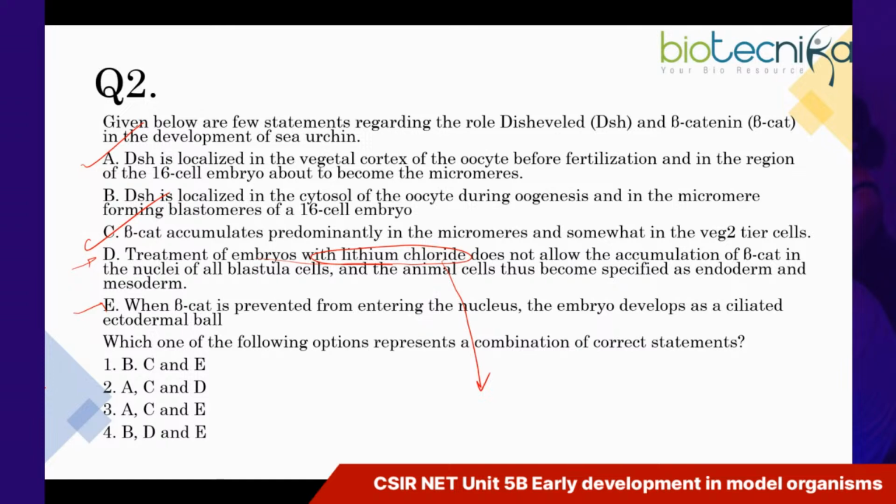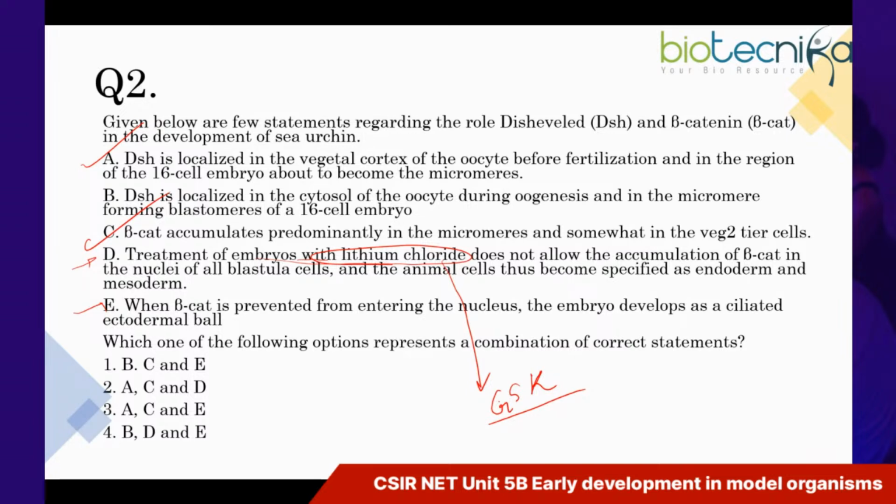That's right, Achal. Very good. Yes, Surinder also right. It blocks GSK. Vanishri also right. Very good, all of you. Treatment of embryo, yes, Aishwarya also right. Very good.